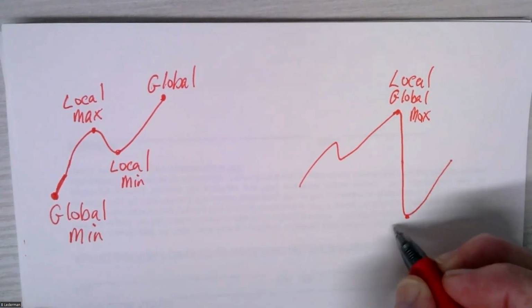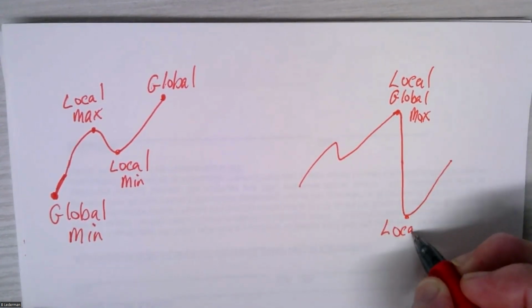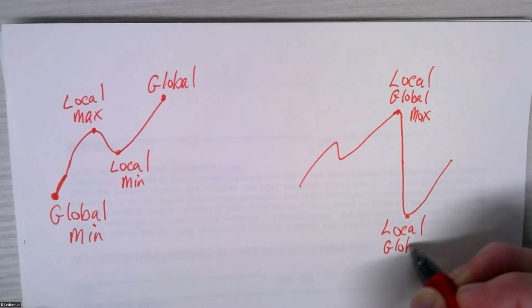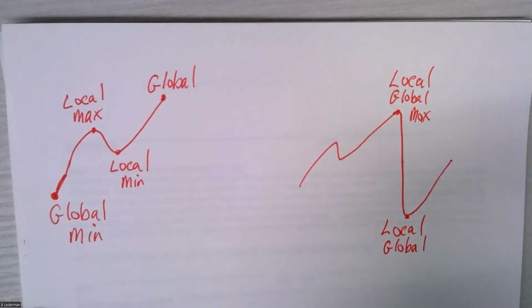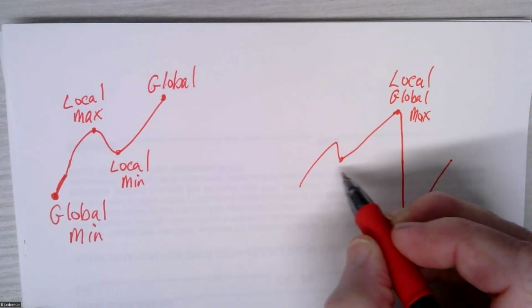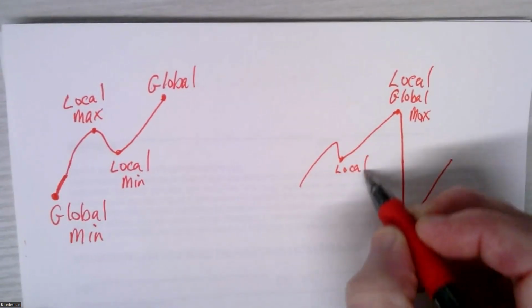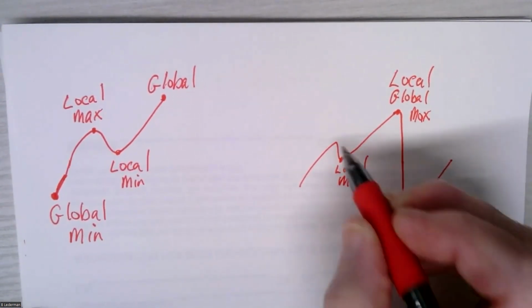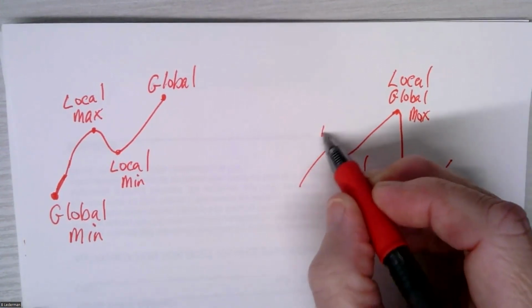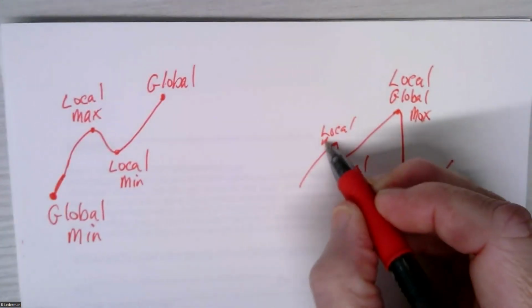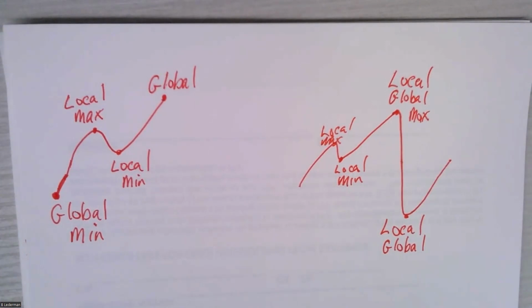This point down there is the local and the global min. And that's just a local min, and that's a local max, etc. So all these things are possible.